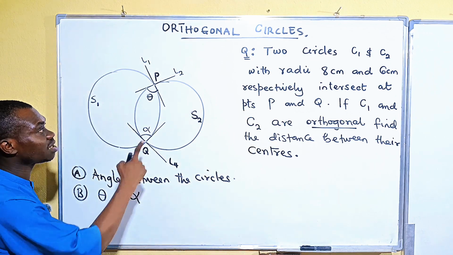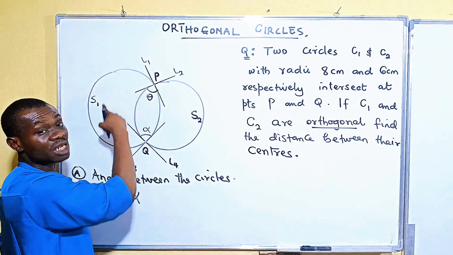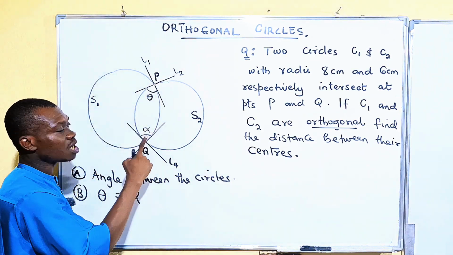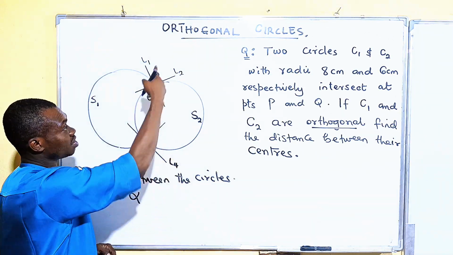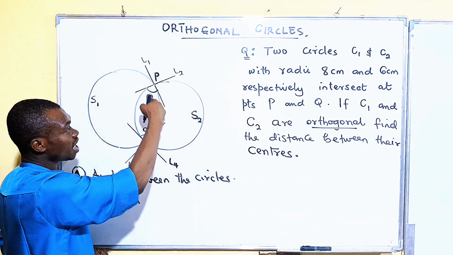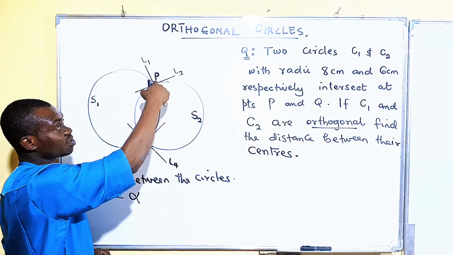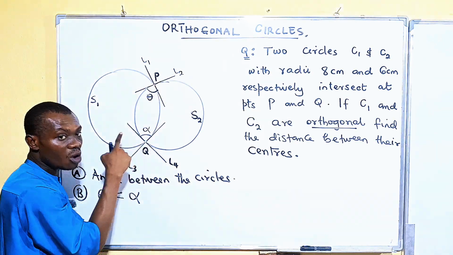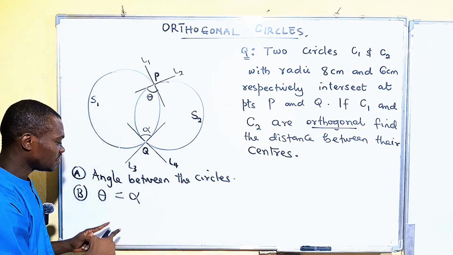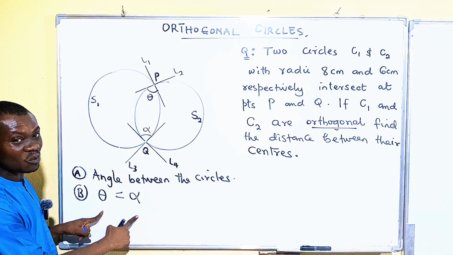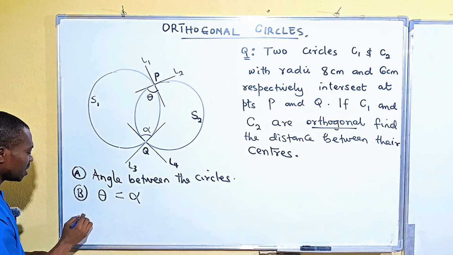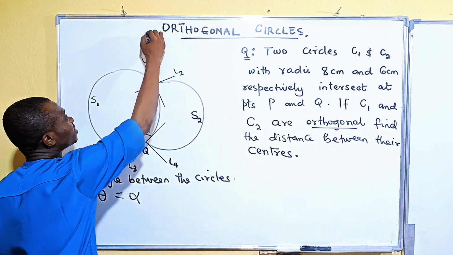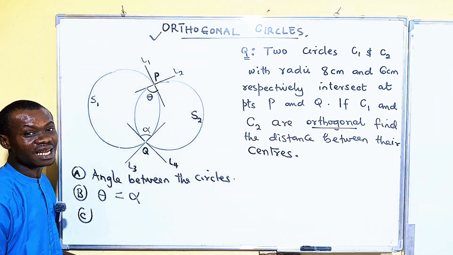So if you draw the two tangents on top here and also down here, the angle between the two tangents on top will be equal to the one down here. That is the second point you need to know, and that would eventually drive us to define this concept. And what is that?